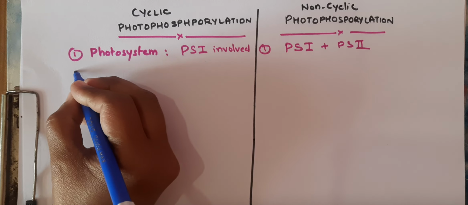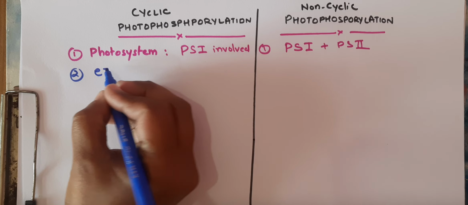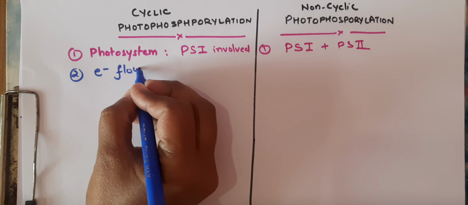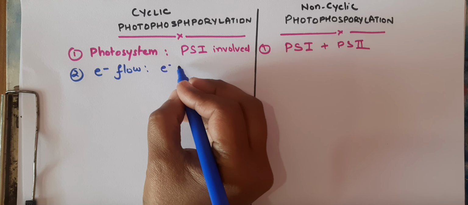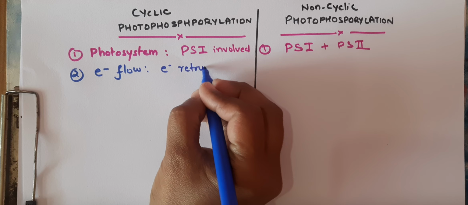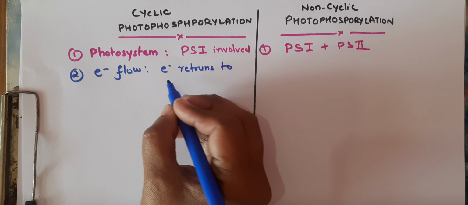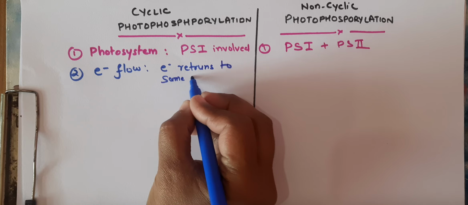The next difference is in terms of electron flow. In the case of cyclic photophosphorylation, students, the electron will return to the same chlorophyll.